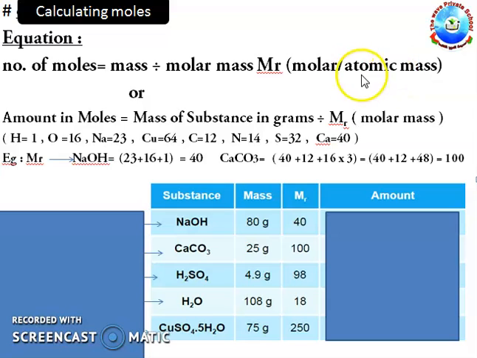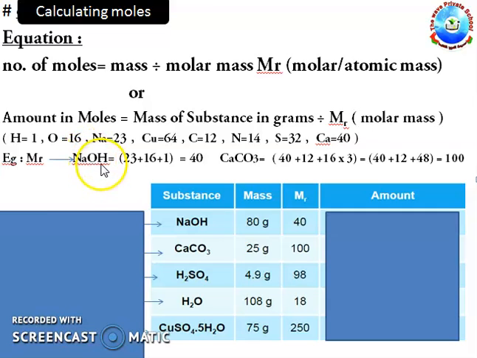For example, we will take NaOH. How will you calculate for NaOH? What is the atomic mass for Na? That is sodium, so the atomic mass of sodium is 23. And for oxygen, that is 16.